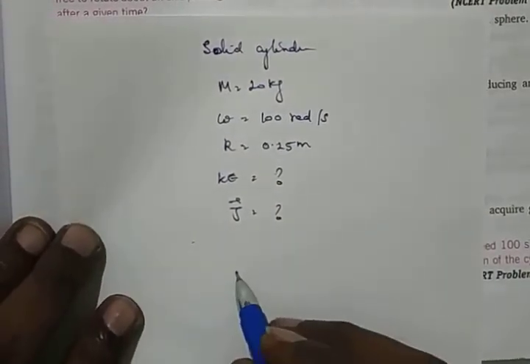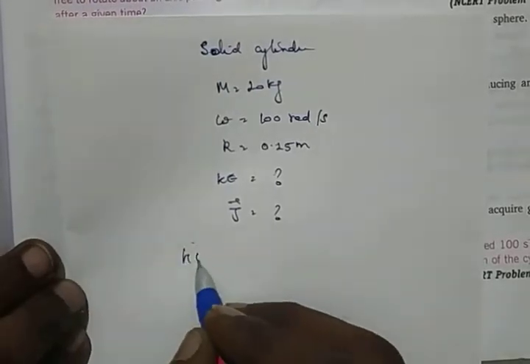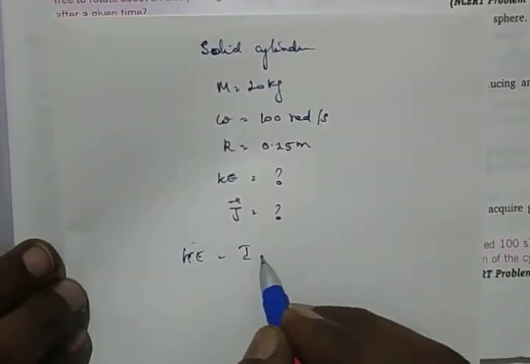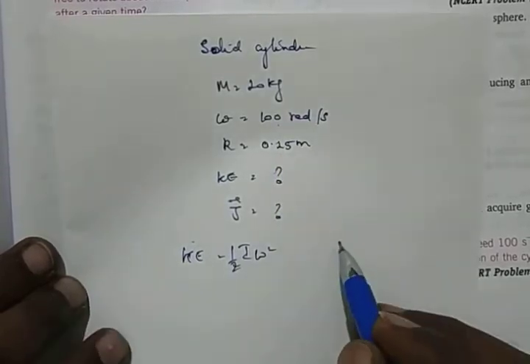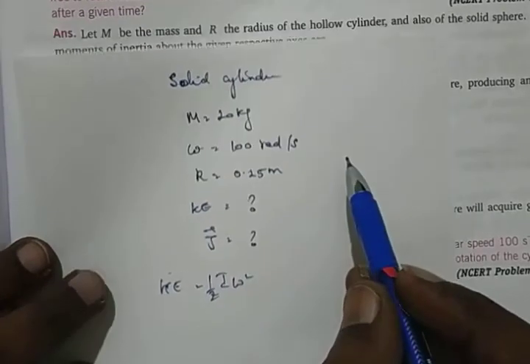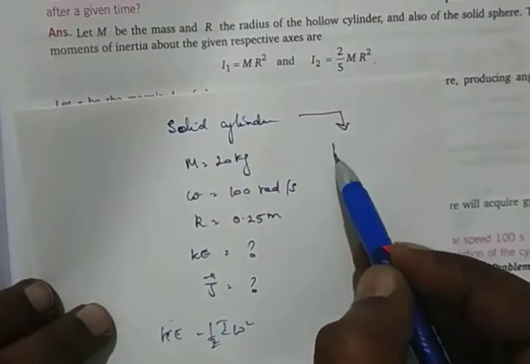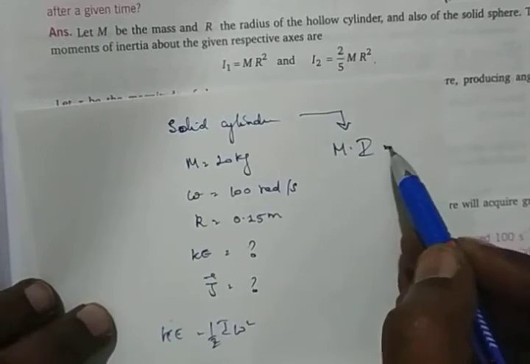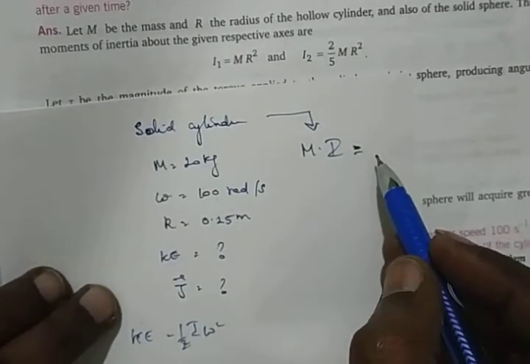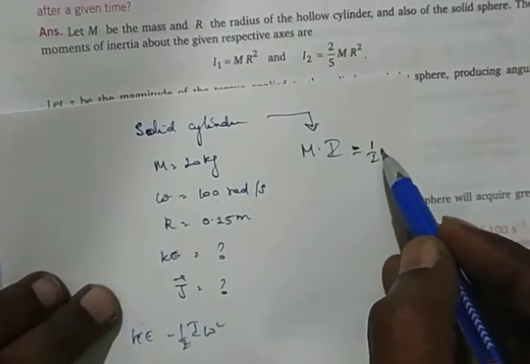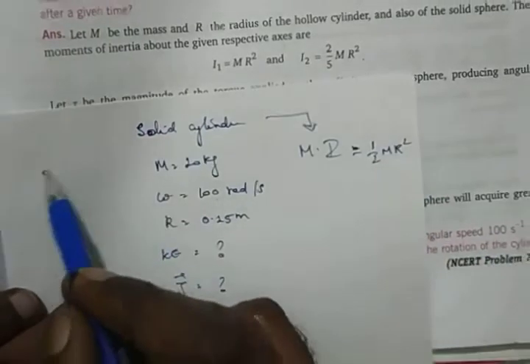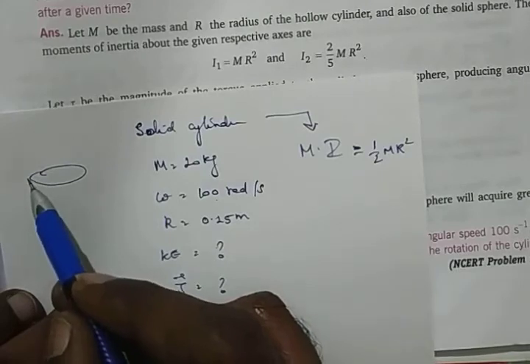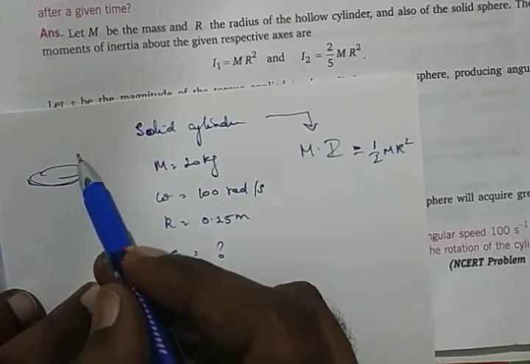So first of all, if you want to find out the kinetic energy, it is going to be equal to half I omega square. Omega is already given there, but I is not given. So for a solid cylinder, what's the value of moment of inertia? Moment of inertia of a solid cylinder is half mr square. It will be the same as that of a disc. For a disc, it is half mr square.